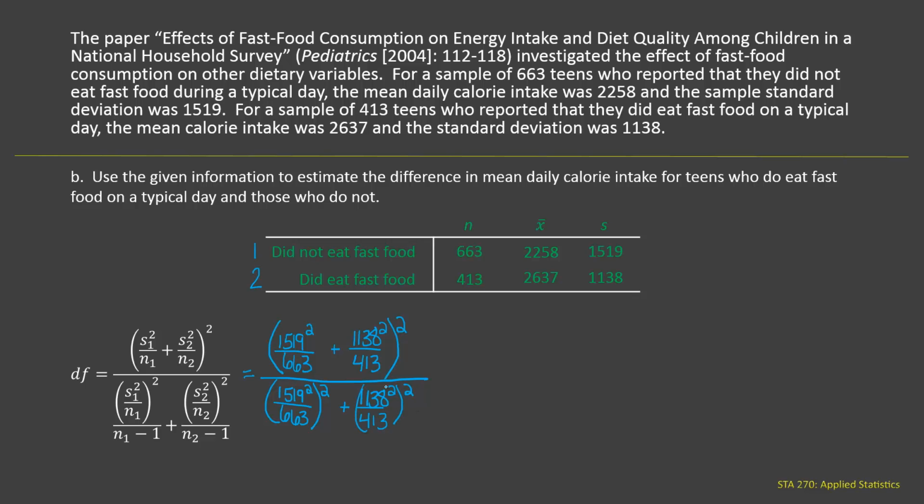And we're going to square all that, and I forgot the denominator over here. n1 minus 1, that's 663 minus 1, which is 662. Similarly over here, we're going to have 412.